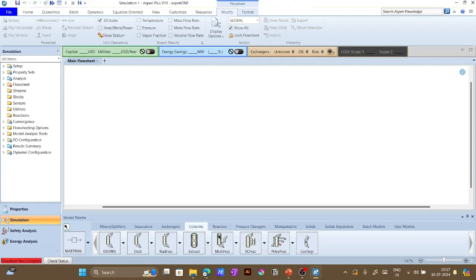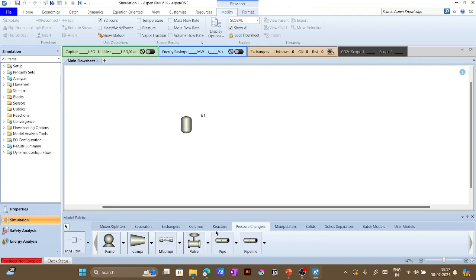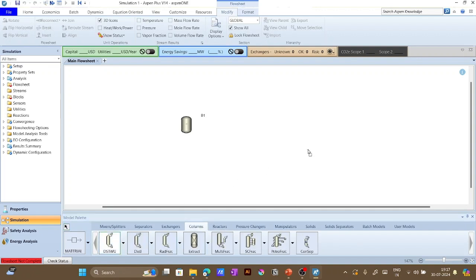And each of these models has a set of equations defined within it. So when we use them, that set of equations will be called and a simulation will be performed. Right now I will give the example of a flash drum only. You can see the other aspects, like other columns also.